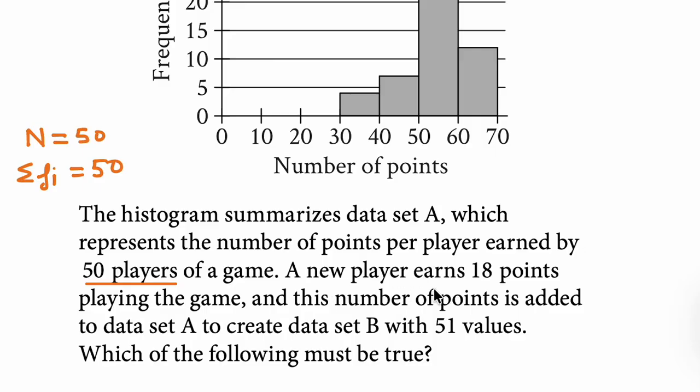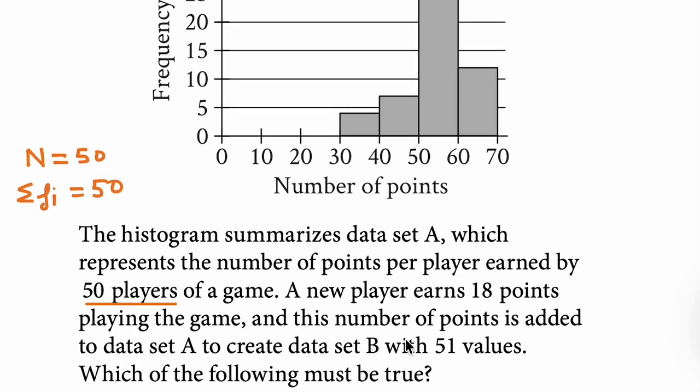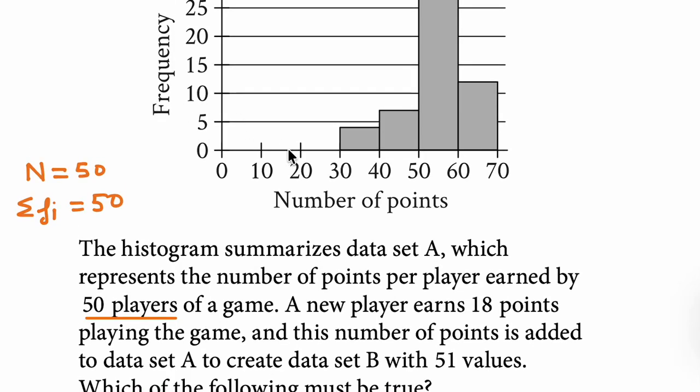A new player earns 18 points playing the game, and this number of points is added to dataset A to create dataset B. This is dataset A. Now someone has scored 18 somewhere here, and that is one pair, frequency is 1. So that means this is the minimum score.